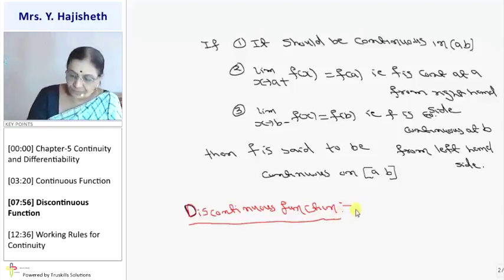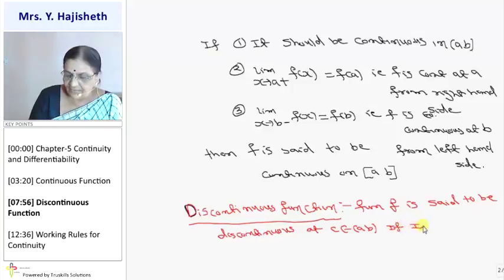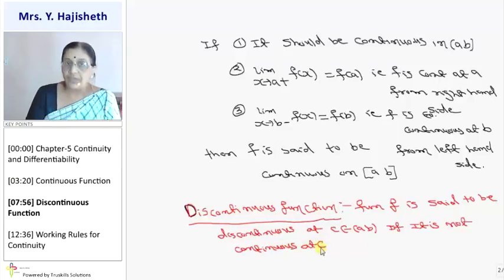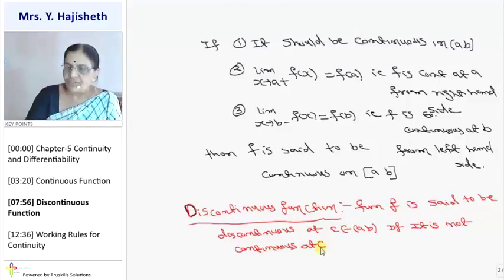But algebraically, function f is said to be discontinuous at c belongs to (a, b) if it is not continuous at c. Not continuous at c means out of the 3 conditions, if any one condition is not satisfied, or any 2 conditions are not satisfied, then I can say that function f is discontinuous at c.